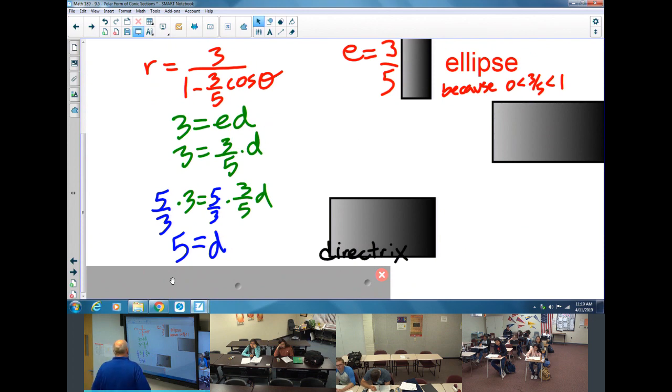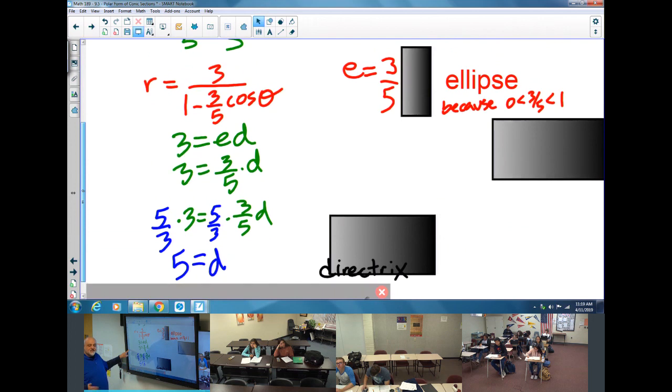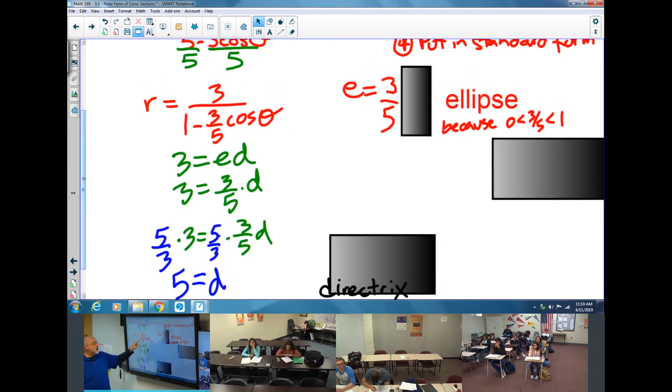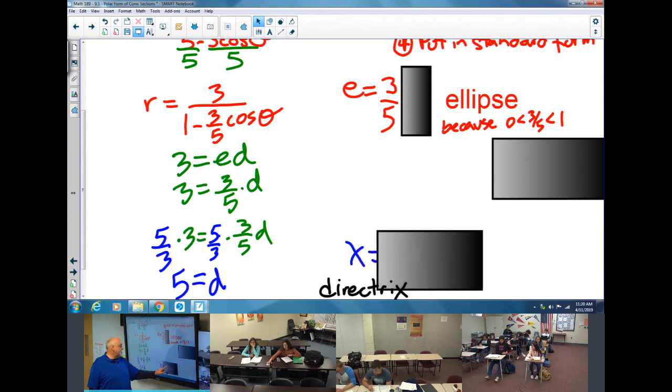First of all, to figure out if the directrix is vertical and has an equation of x equals, or if the directrix is horizontal and has an equation y equals, we look at the trig function. Okay, if it's cosine, then what? Is it x equals or y equals? X equals. Okay, so the equation of the directrix then is x equals. So that's piece of information 1.